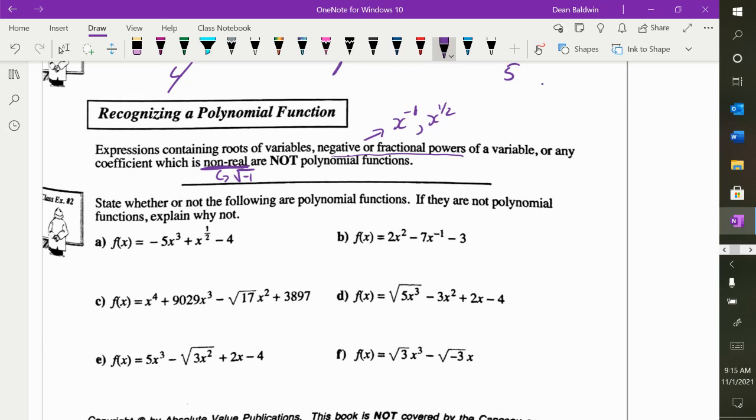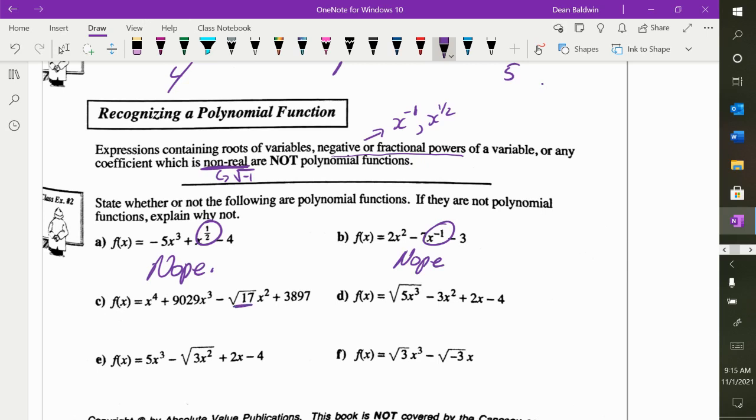So all you have to tell me for these ones is if they are a polynomial or not. First one, yes. Why? There you go. What about the second one? No, because of the negative exponent. What about C? It is a polynomial.